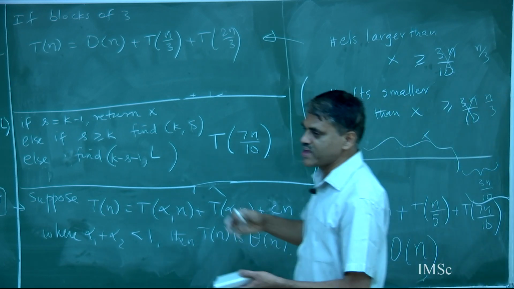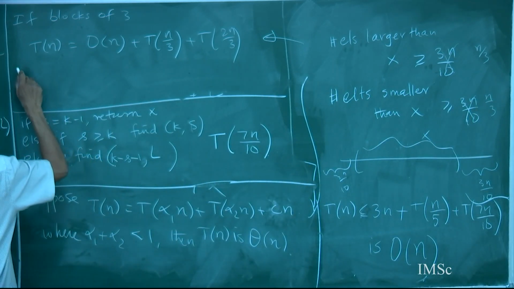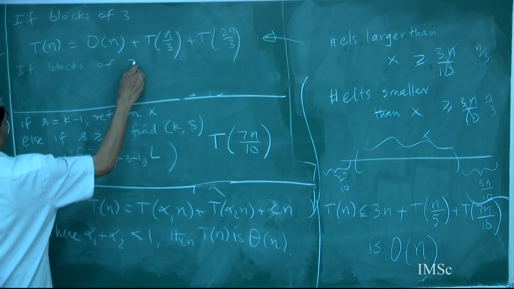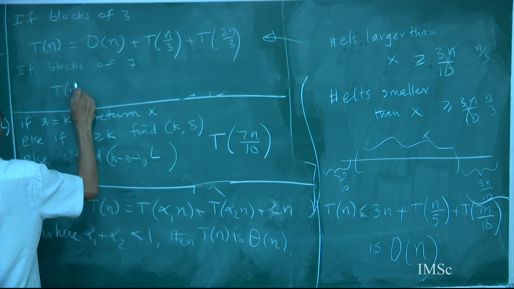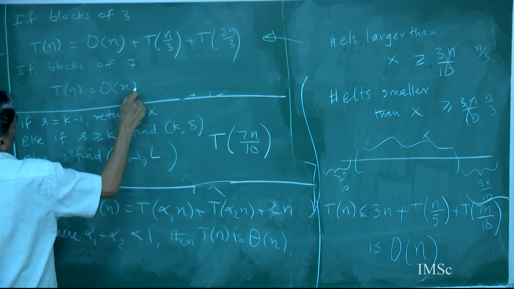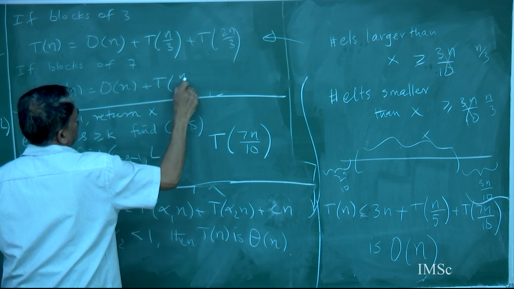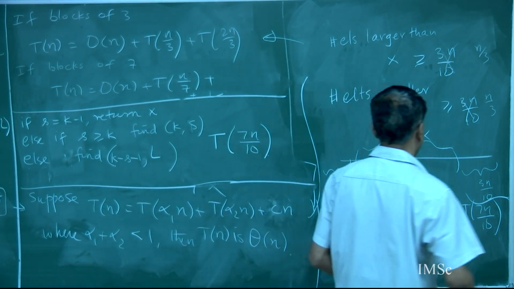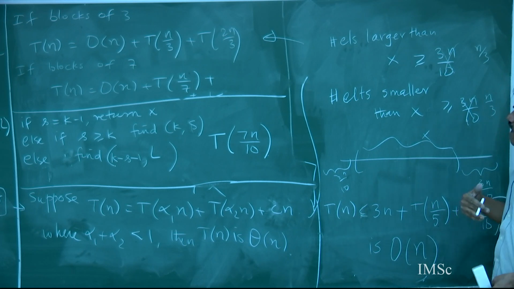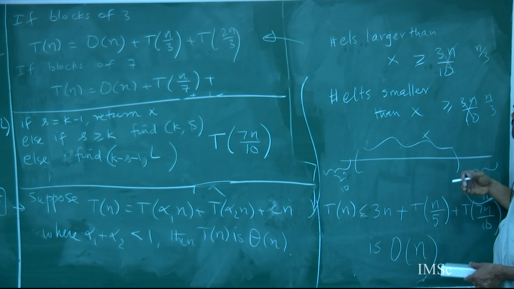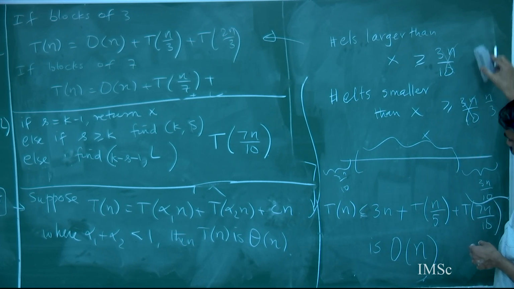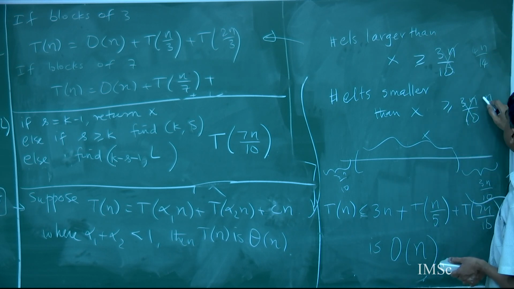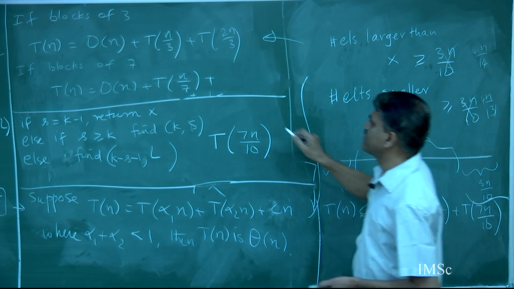If you do blocks of 7, what will happen to this number? 4n by 14. So it will be 11n by 14.